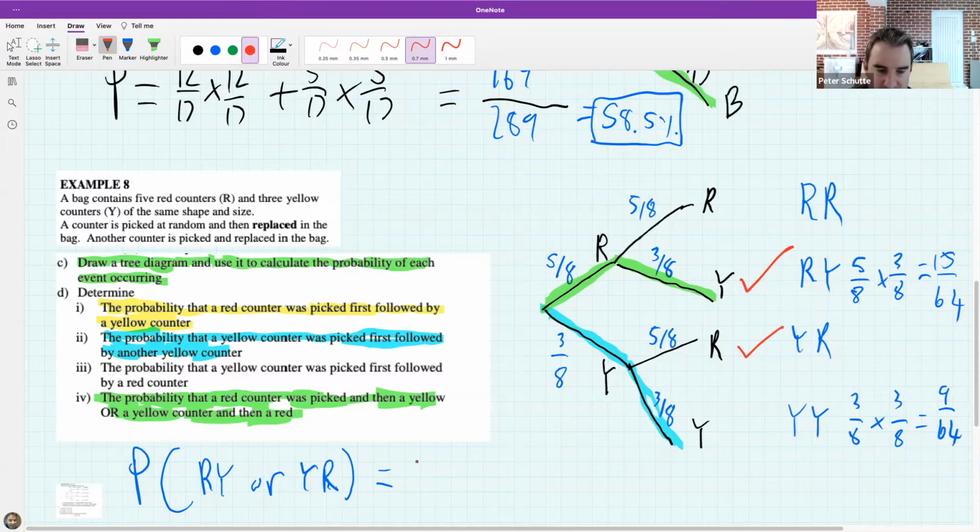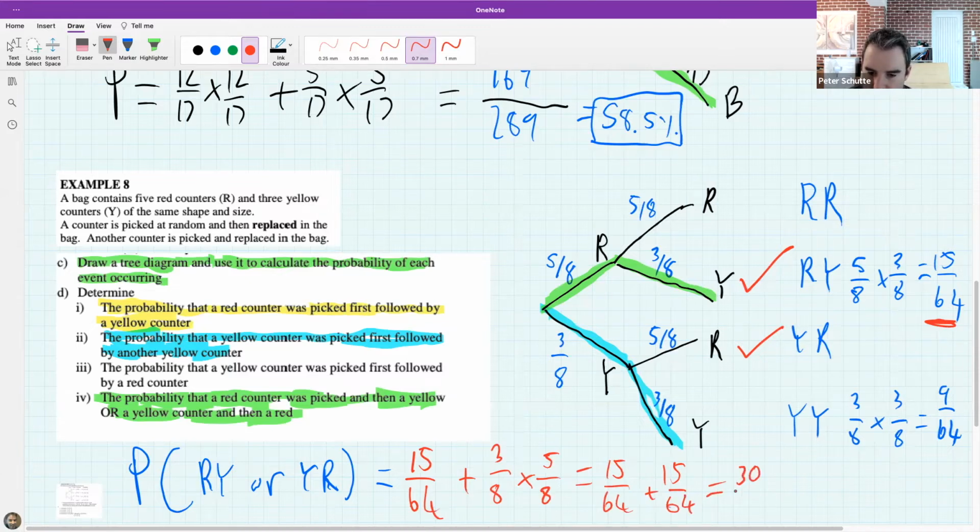So what I get is I know that the first red tick is 15/64 because I did that earlier in the question. Plus, I've also got to worry about the other one, which is 3/8 times 5/8, which is going to be, so I've got 15/64 plus 15/64.